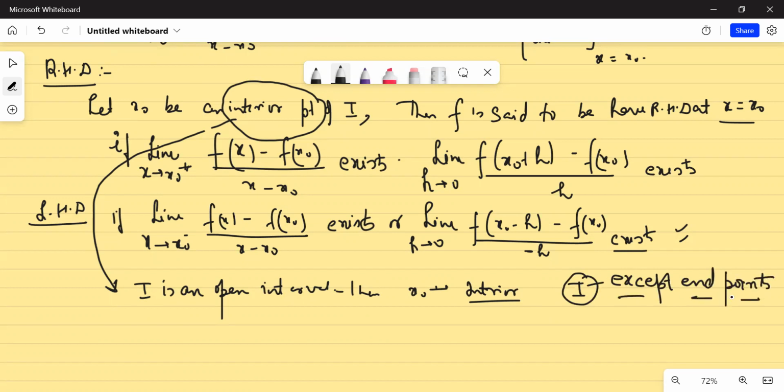Except the endpoints. Is that clear? Yes, sir. Okay.